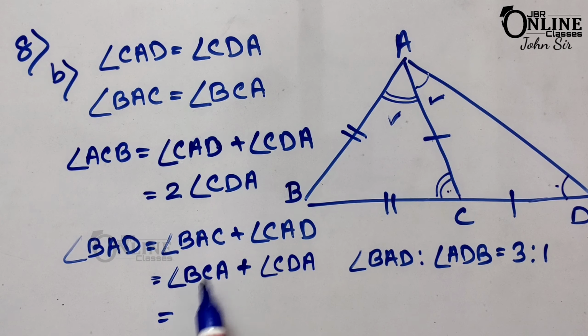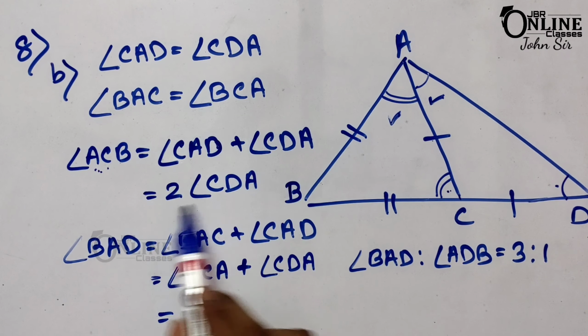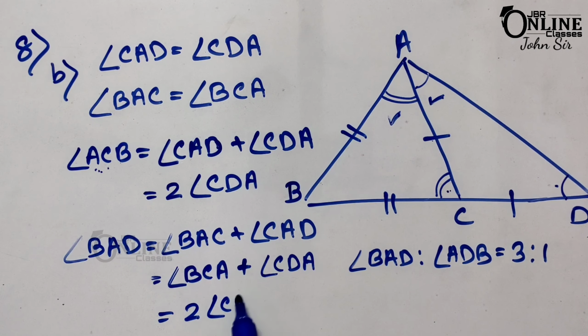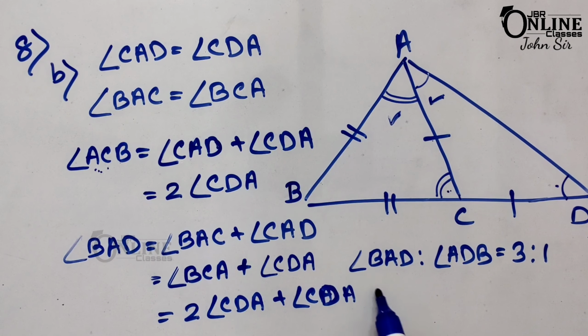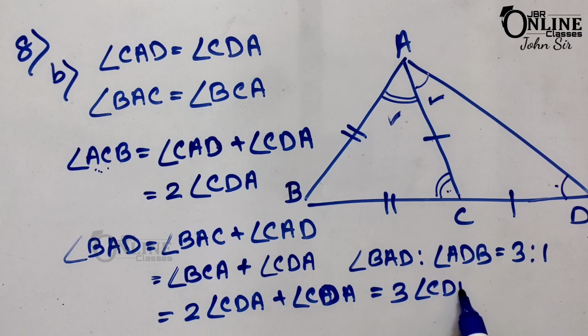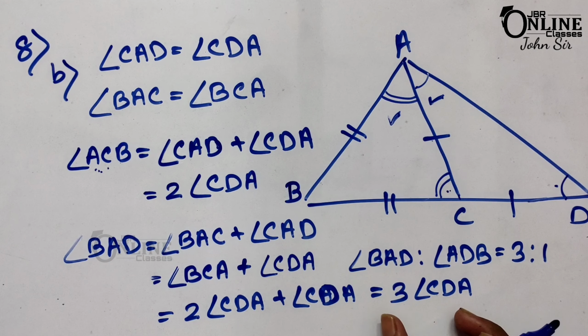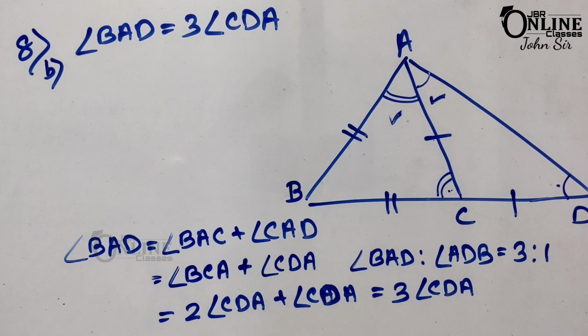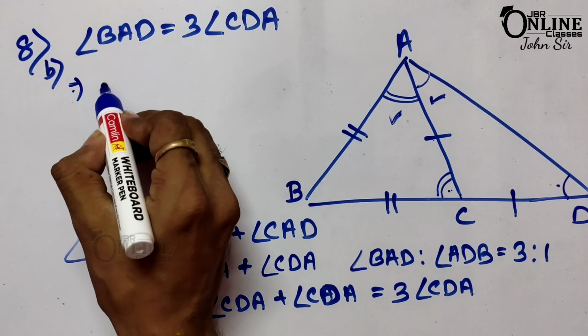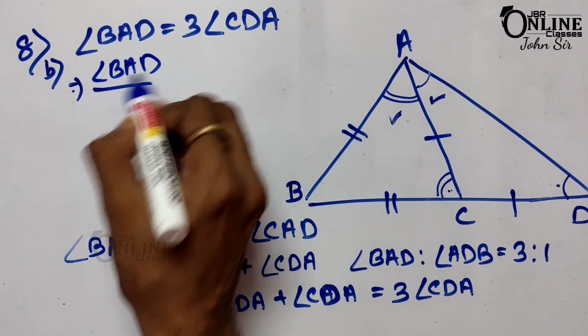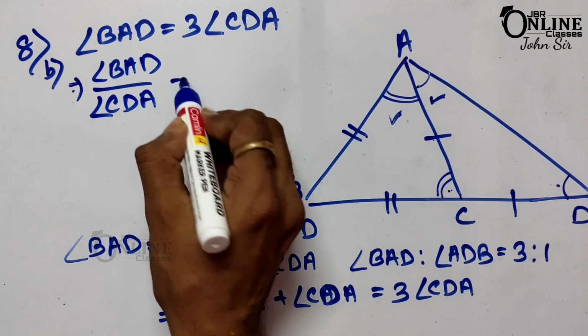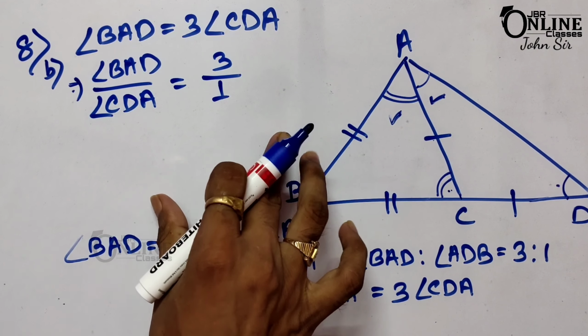Now BCA is equal to 2 into CDA. So you can write 2 into CDA plus CDA, that equals 3 angle CDA. So angle BAD equals 3 into CDA. Clear? From that you can easily write angle BAD by angle CDA equals 3 by 1.